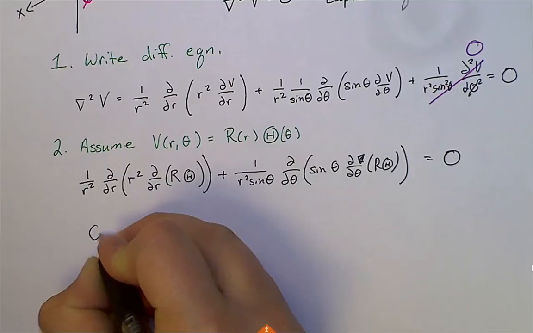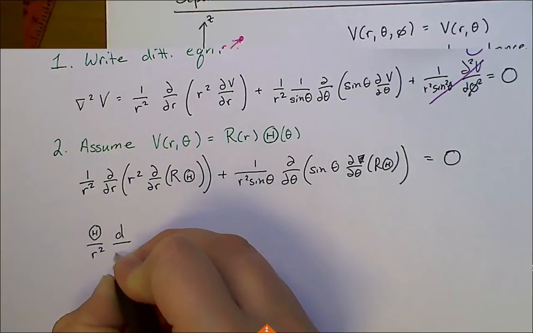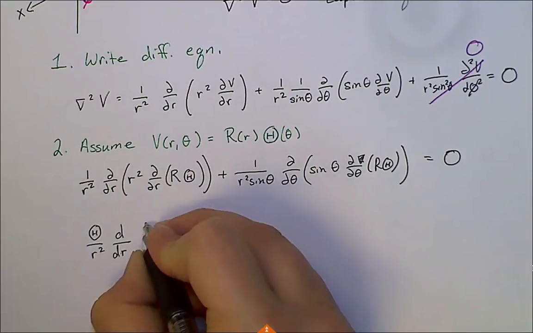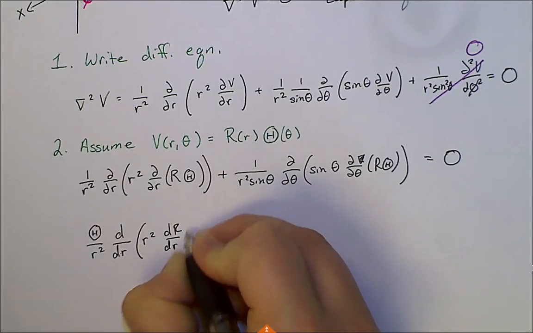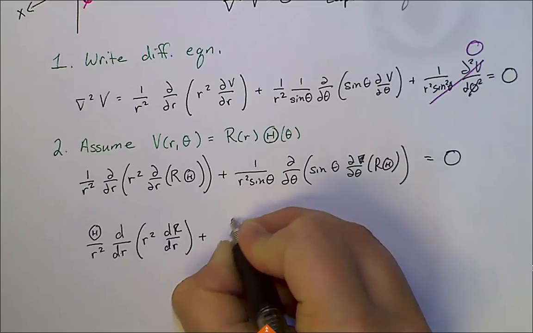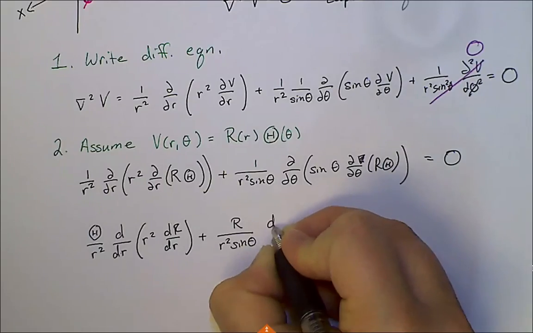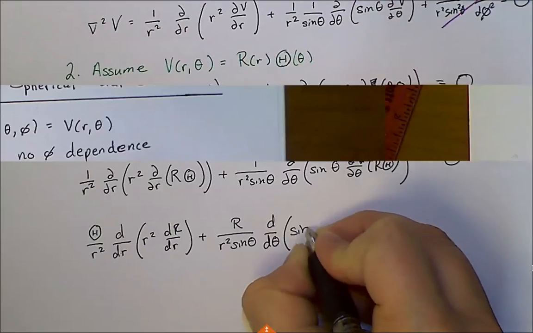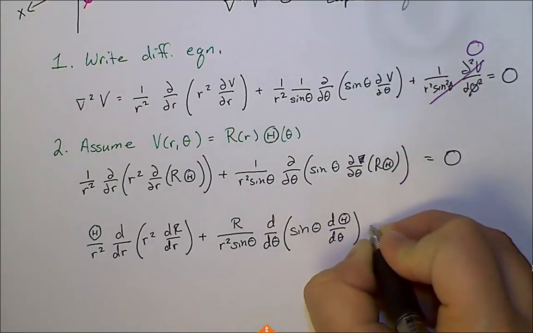So I can write this as Theta over r squared, and now I can write all of these partials as total derivatives because there's only one variable now, so it doesn't matter. d/dr of r squared dR/dr, plus capital R, which is, remember, the function of little r, over sine theta d/dtheta of sine theta dTheta/dtheta.